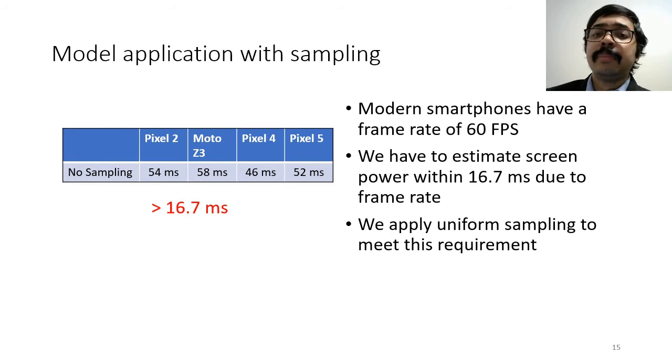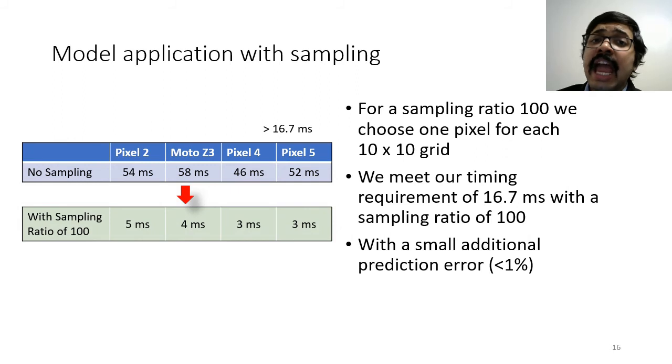To meet the 16.7 millisecond timing requirement, we apply uniform sampling. We applied a uniform sampling ratio of 100 by choosing one pixel from a 10 cross 10 grid. With sampling, we meet the 16.7 millisecond timing requirement. This just adds a small additional prediction error, hence it does not affect the accuracy of the model.